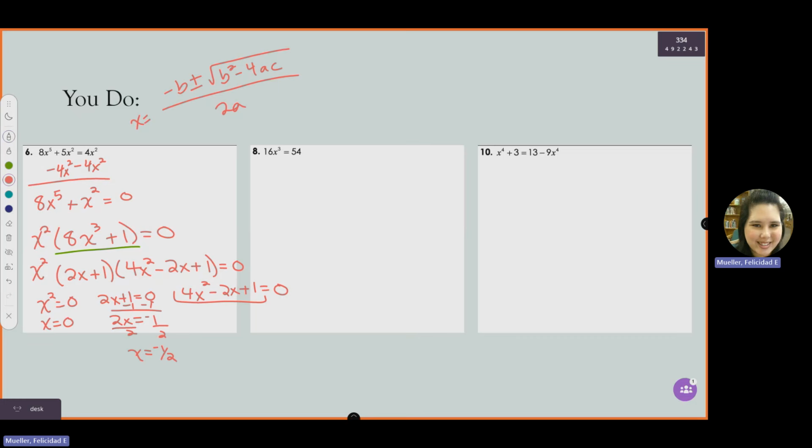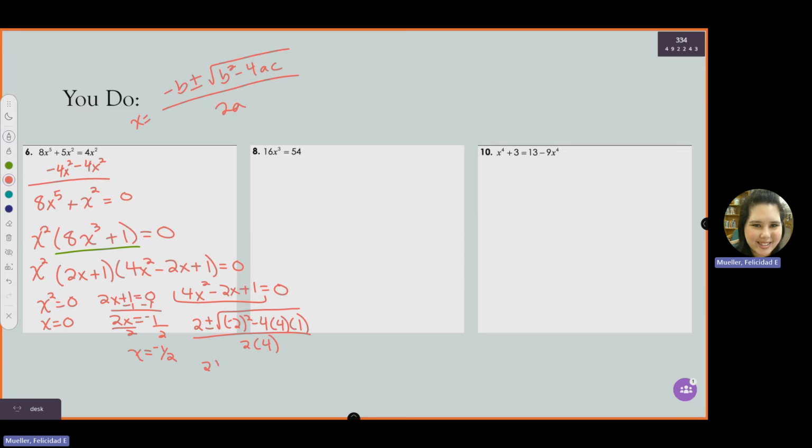When we plug in 4 for a, -2 for b, and 1 for c, we would get -b, so +2, plus or minus the square root of -2 squared minus 4 times 1 times 4, all over 2 times 4.